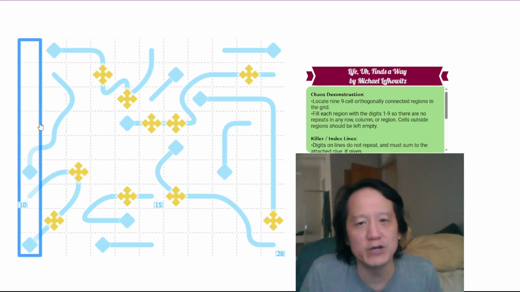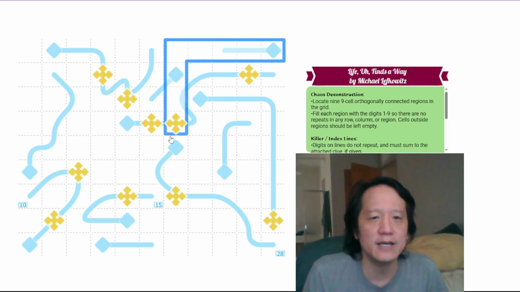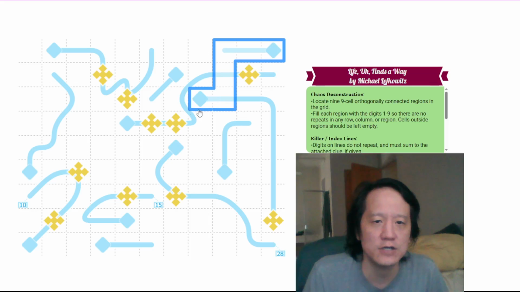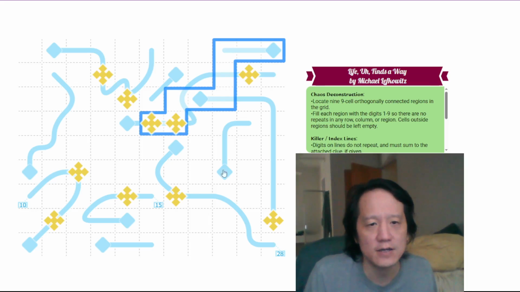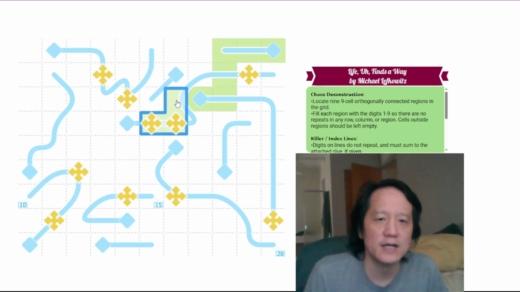Anyways, what does a 9-cell orthogonally connected region mean? It means you have to be able to go from any cell in the region to any other cell in the region, all by going through edges, and all while staying within the region.